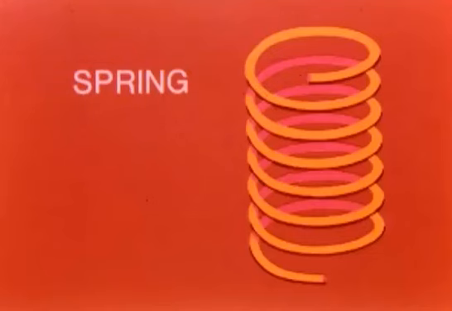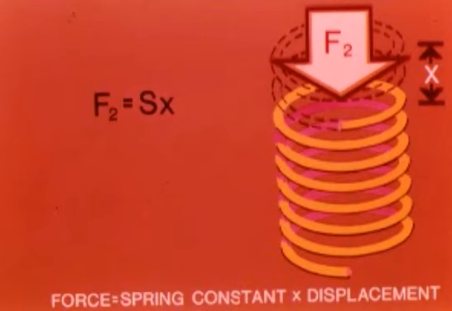The second element is a spring. The spring is a storage device capable of accumulating potential energy. The amount of force required to extend or compress the spring a distance, x, is given by Hooke's law as a spring constant, S, times x.